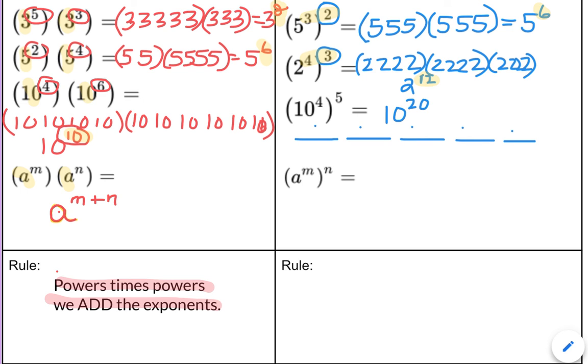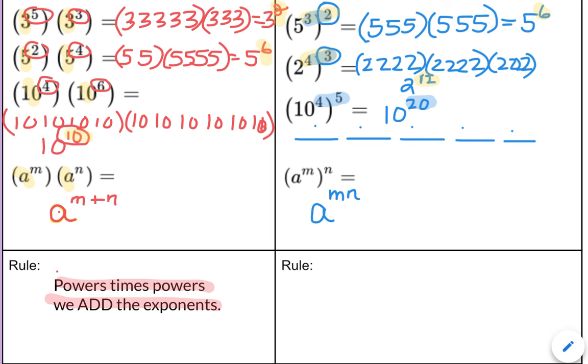Our rule here, we can see where that's coming from, right? The final exponent comes from the product of the two exponents we started with. So if we think about how we're going to formally write a to the m to the n, that would be a to the mn, the product of m and n.